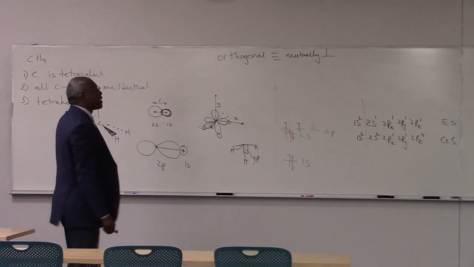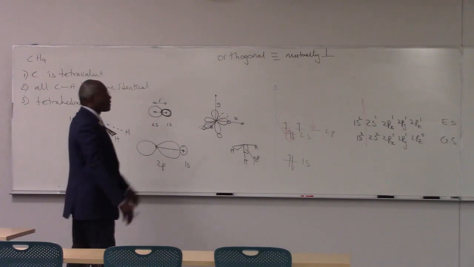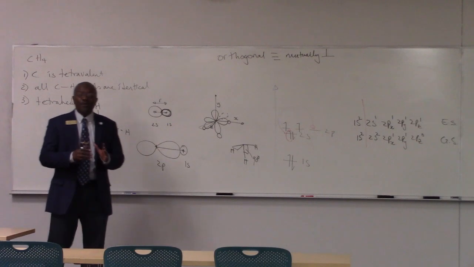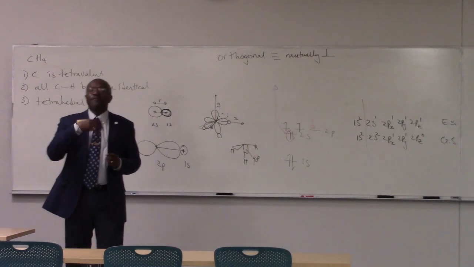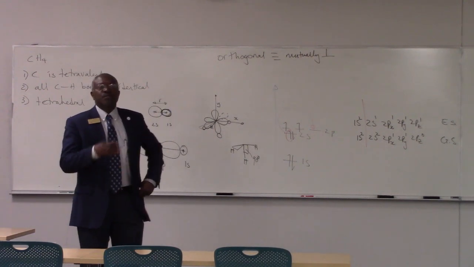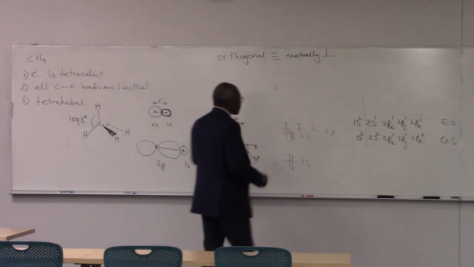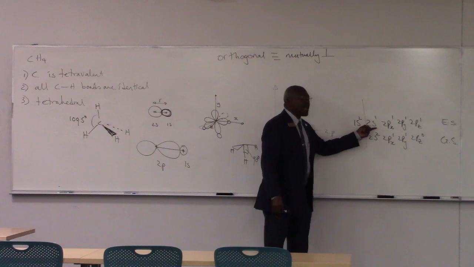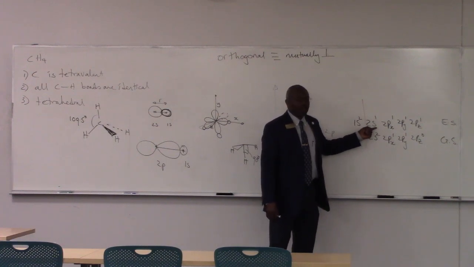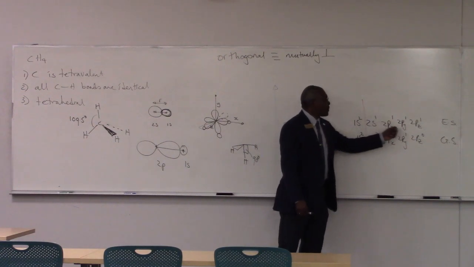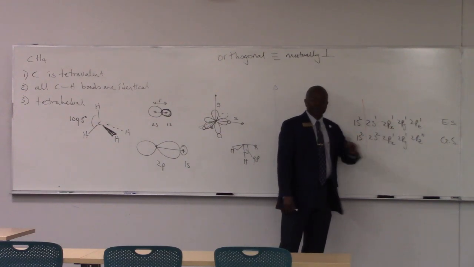Okay. So how does it bond? Remember we mentioned hybridization? When an atom is bonding in an anomalous fashion, we invoke hybridization. So what are we going to do? We're going to say that the 2s atomic orbital will mix or hybridize with the 2p orbitals. Now this is important.